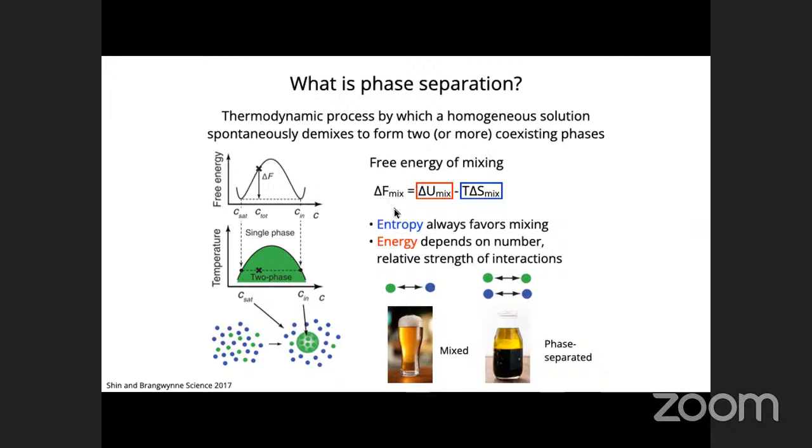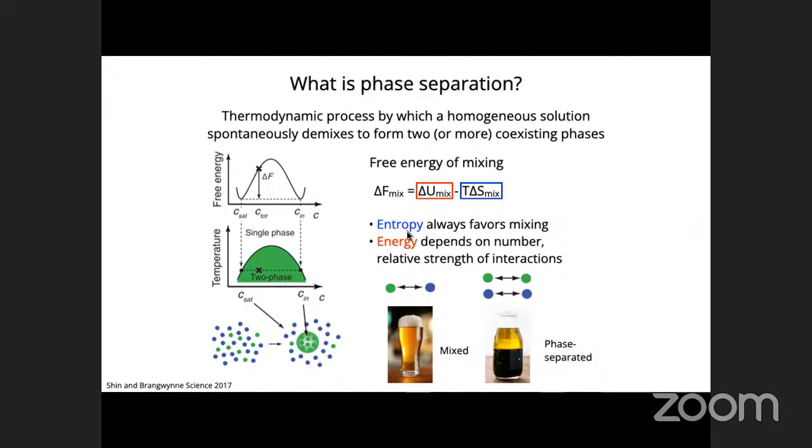And so the free energy for any system is based on the sum of the entropy, which is the measure of the disorder or the randomness or the number of possible conformations that a system can occupy, and the energy, which is a measure of how strongly either attractive or repelling molecules interact.